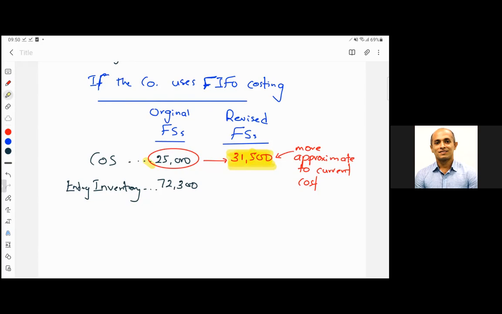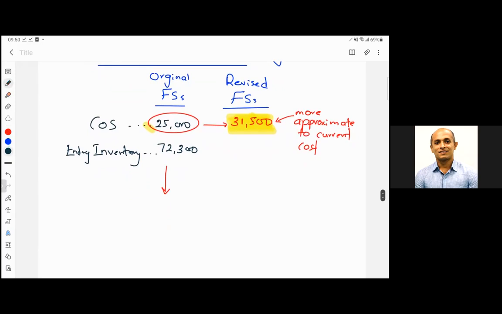Then gross profit will be overstated. What happens to the gross profit margin? Gross profit margin is overstated, because when the cost of sales is understated, gross profit will be overstated.